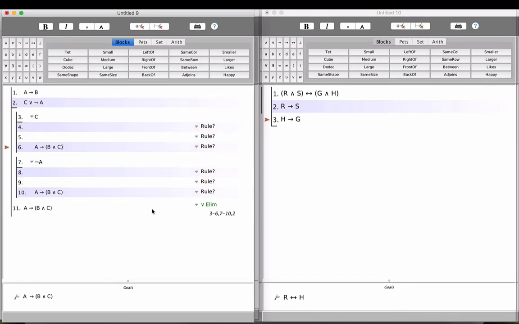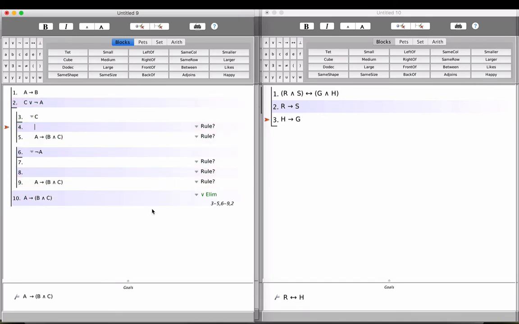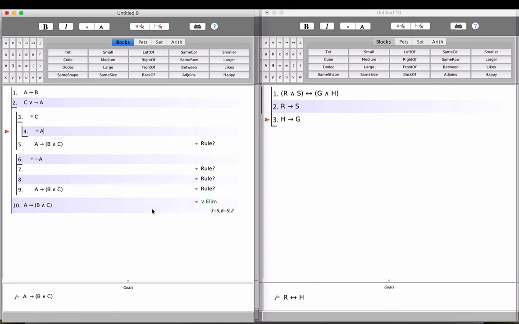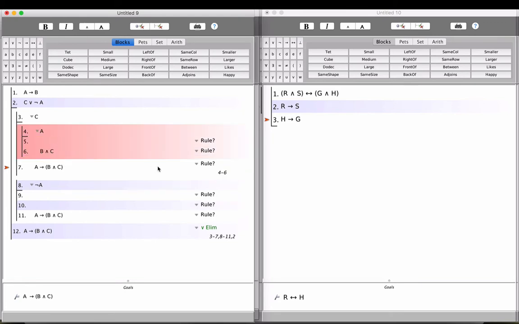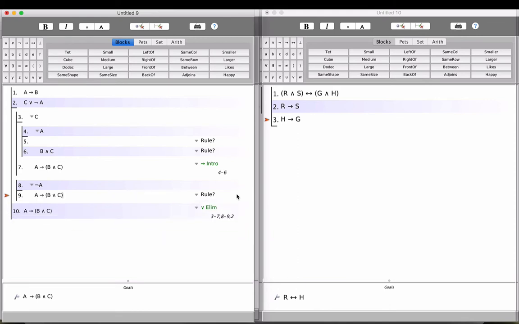So if we go ahead and delete a couple steps, we know that we still have to assume A, derive B conjunction C, so that we can get out and say by conditional intro, I have A conditional B conjunction C. Same thing here on the other side of the disjunction limb.